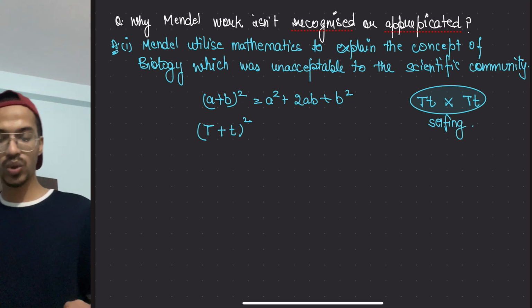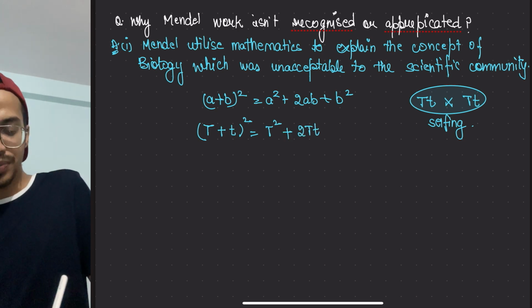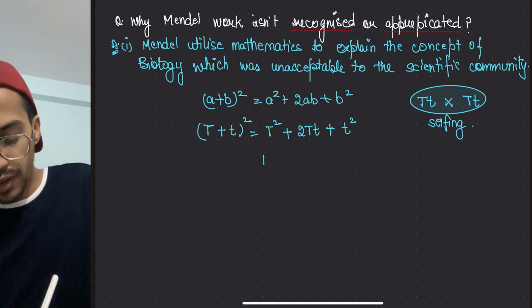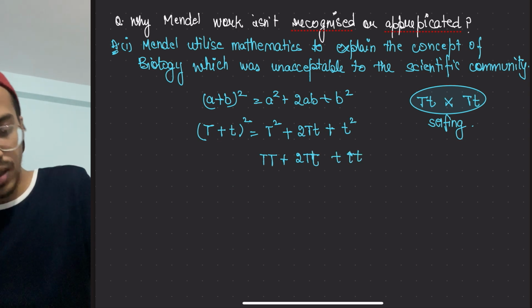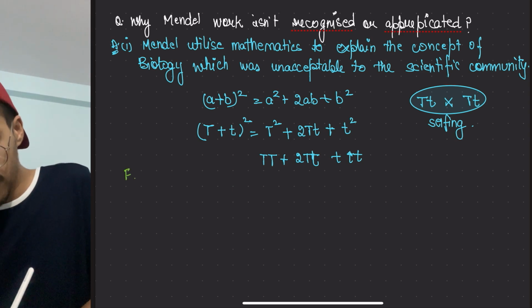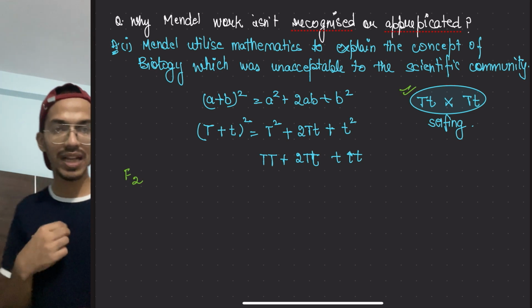He is saying that t square plus 2t plus this, in short, he's saying that the ratio of the genes would be like this. Look over here. Normally what we used to do when we make an F2 hybrid, meaning the F2 generation that will be forming now.